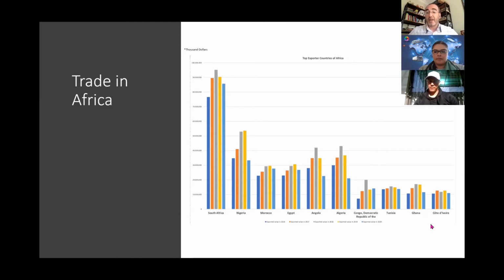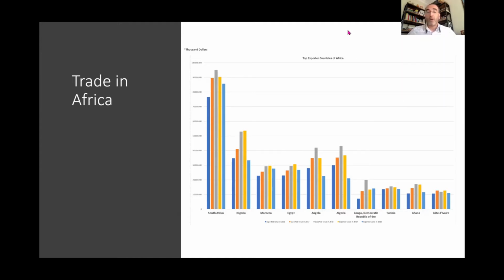South Africa, Nigeria, Morocco, Egypt, Angola, Algeria, Congo, Tunisia, Ghana, and Cote d'Ivoire are the first 10 top countries of the Africa region, if we are talking about their value of trade in the region.